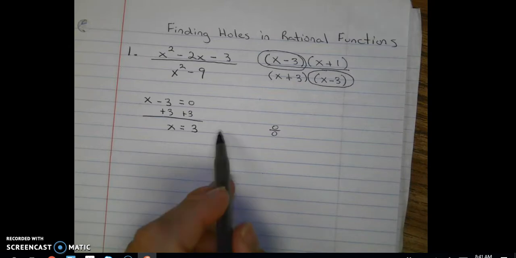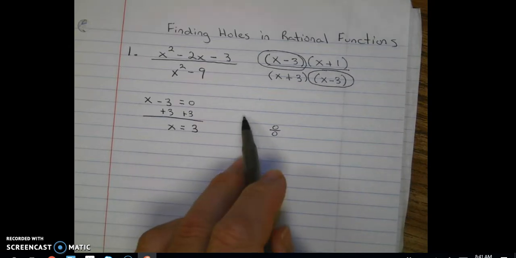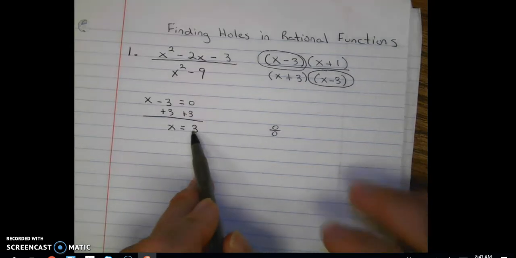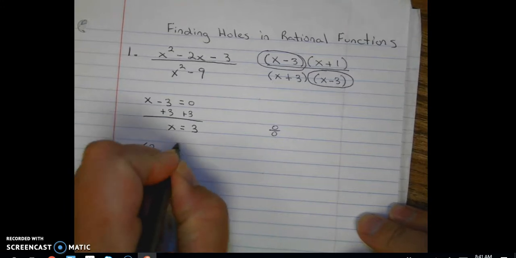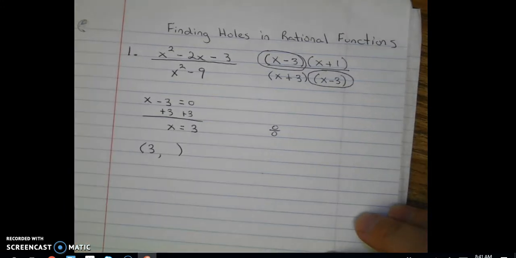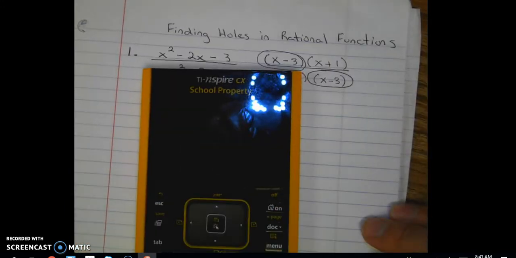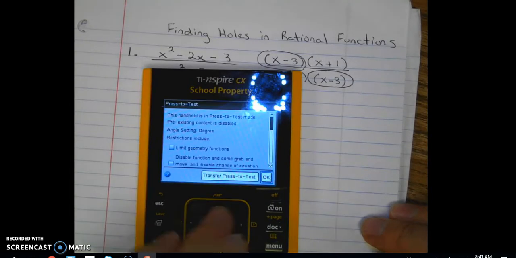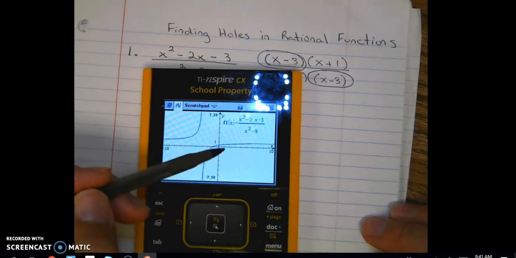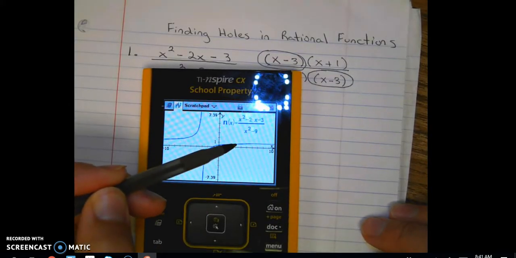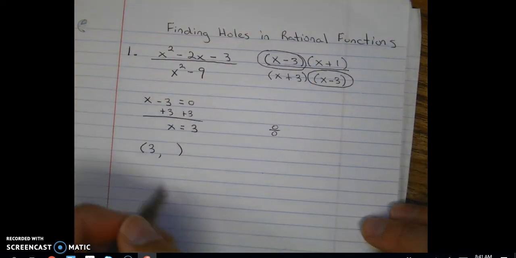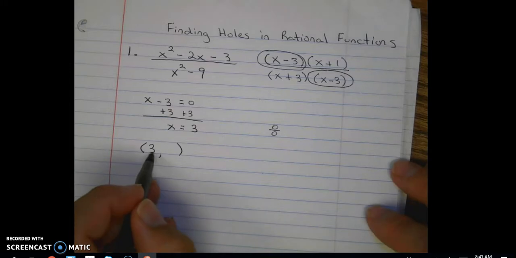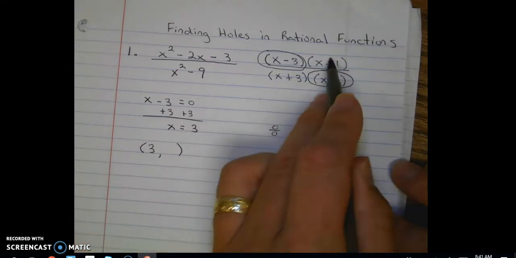Let's go ahead and find out what the y-coordinate is for the hole. Where is it located? We know the x-coordinate is at 3. Okay, and by looking at the graph, which just disappeared on me, we know that it's going to be up here somewhere. So let's find out where. Let's plug in 3 into the remaining function.